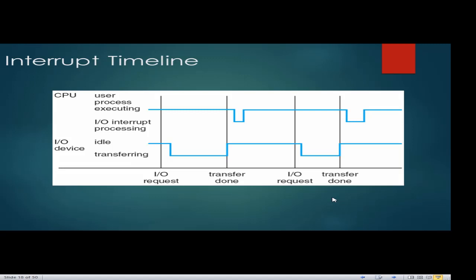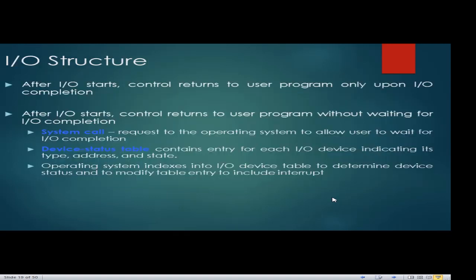So this shows the timeline of the interrupt. Okay, we have the user process executing, the input-output interrupt processing, idle time, transferring. So the I/O structure starts, control returns to the user program only upon the input-output completion.